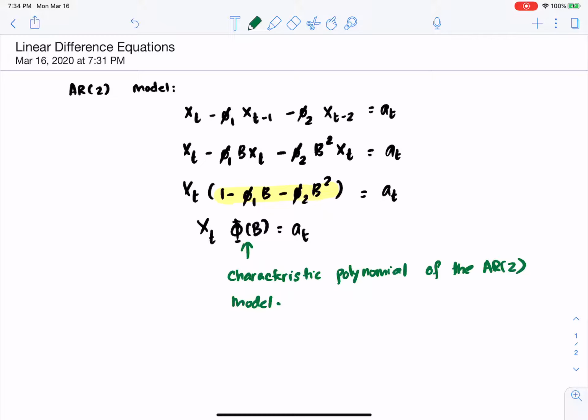And in a simple case, when we have a quadratic equation, 1 minus v1 B minus v2 B squared, we could find the roots using the quadratic formula. But when things are a bit more complicated, then we would have to look for other ways to find the roots of the characteristic polynomial.